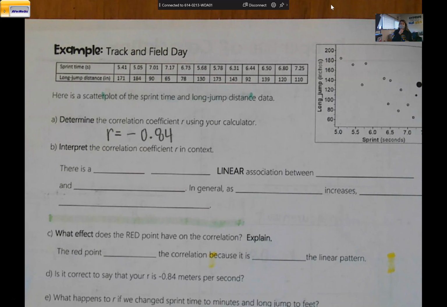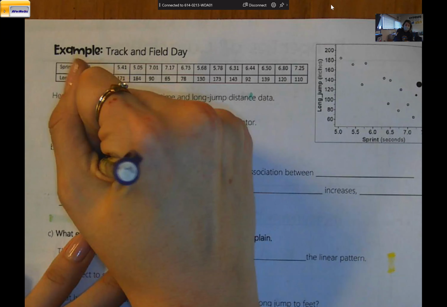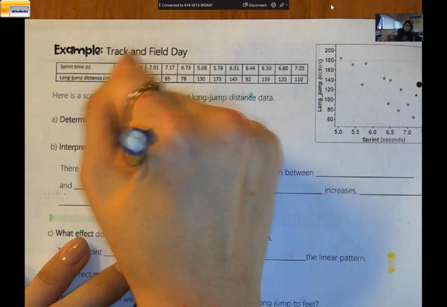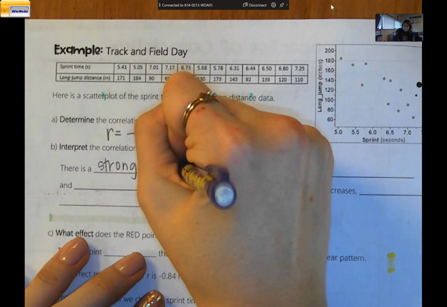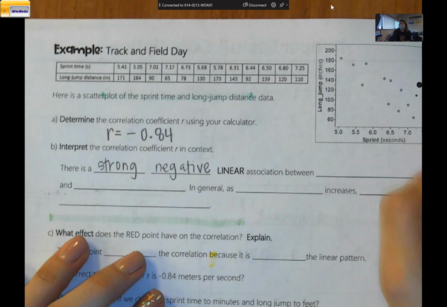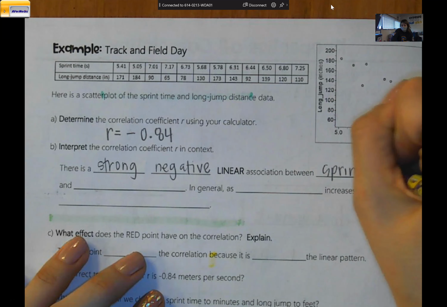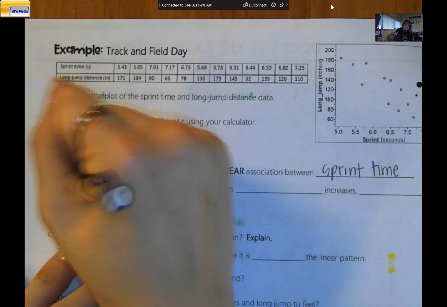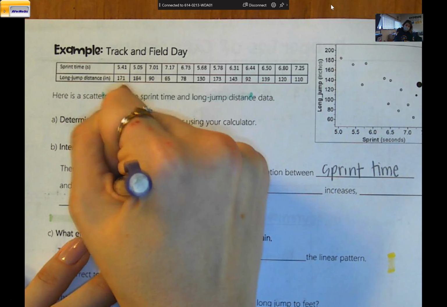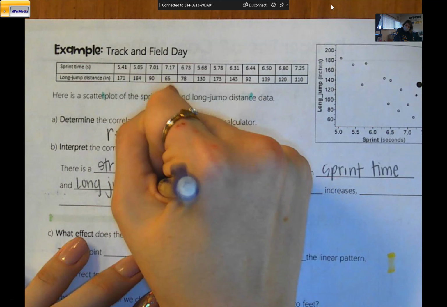Okay, so part of your Can You Do is going to be interpreting the correlation coefficient. And as we go through this, I hope you notice that this is exactly the same as what you just did on your Can You Do 41. So there is a strong negative linear association between sprint time and long jump distance.